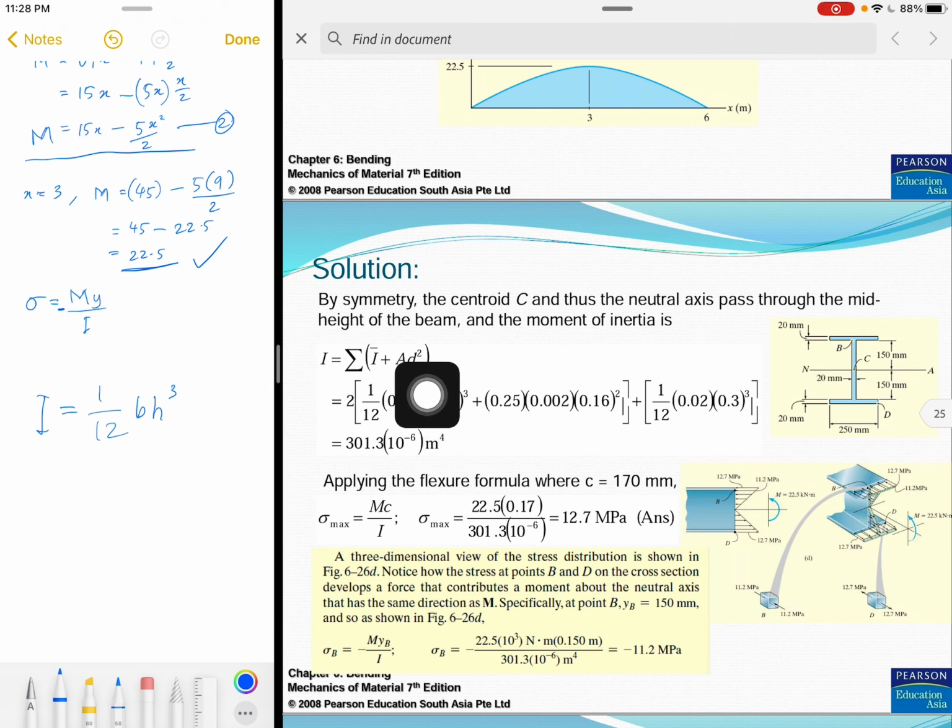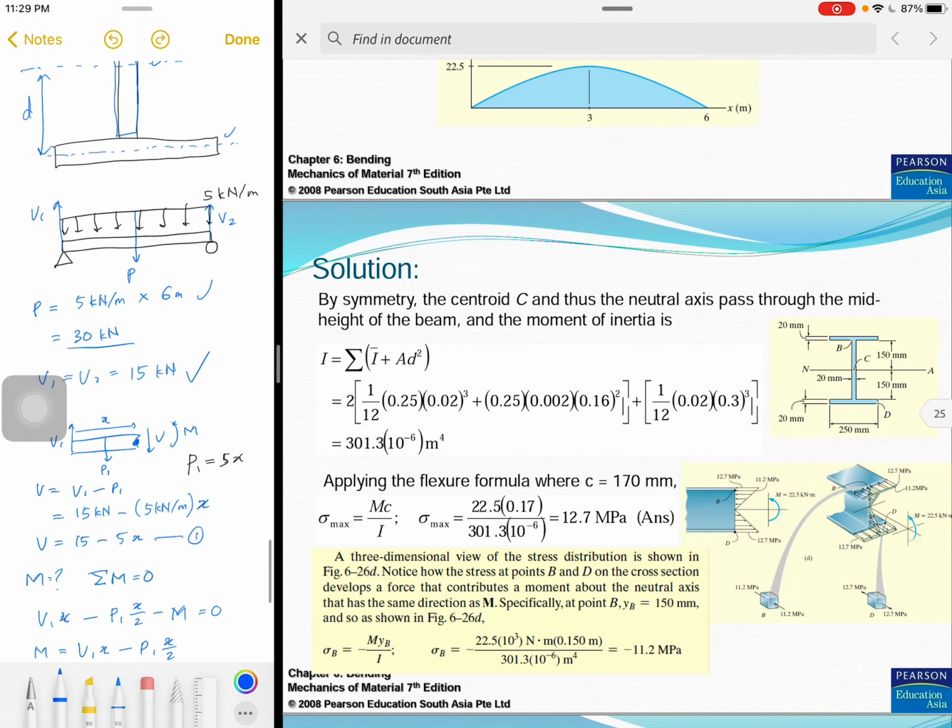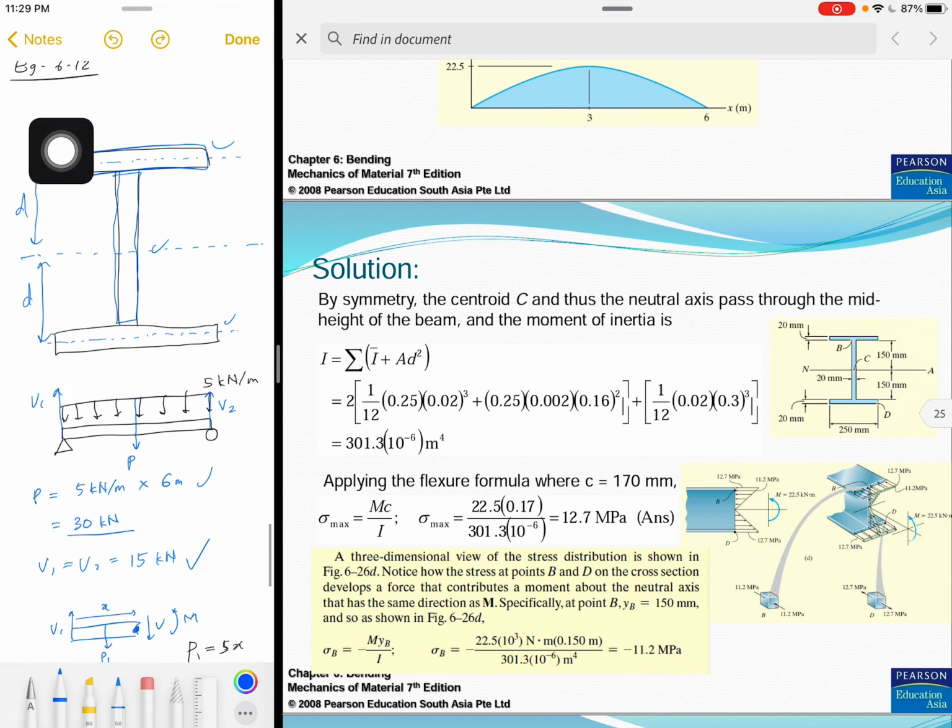And then you need to add the AD square. A is the area. Area is 0.25 meter times 0.02, which is the thickness, and then you need to multiply with D. D is the offset, like I said just now.